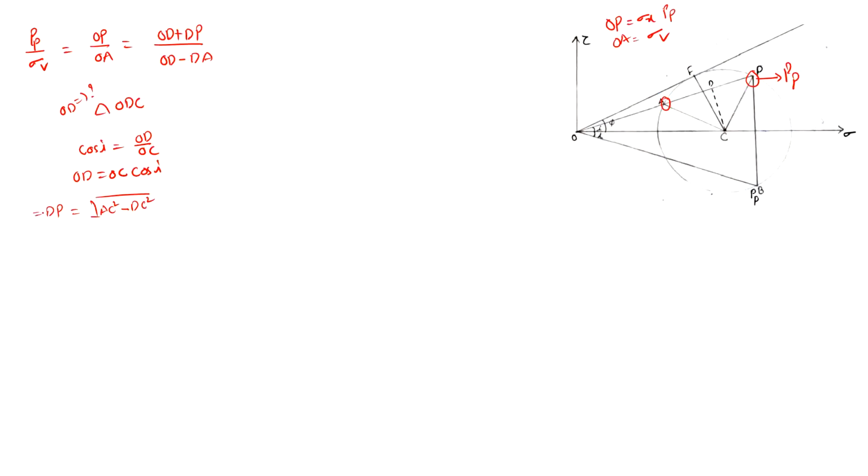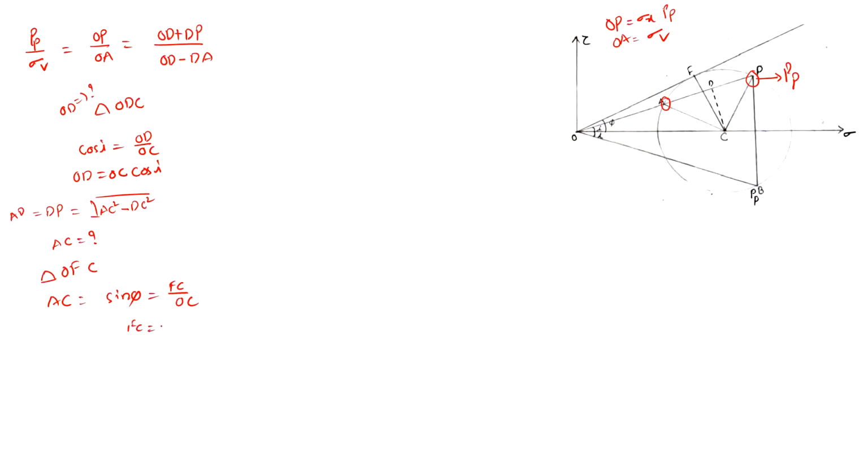So instead of DP I will write AD, as the distances are the same. So we have to calculate AC. Okay, from the triangle OFC we can write AC, we can take with sine phi. Here phi angle is there, so with sine phi, FC divided by OC.